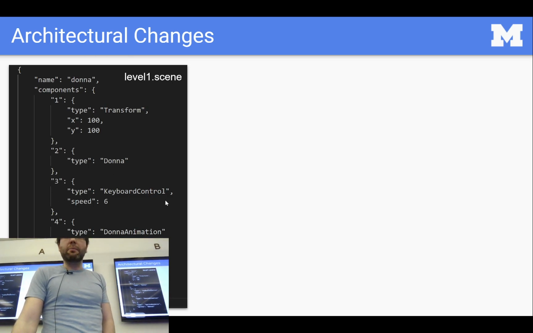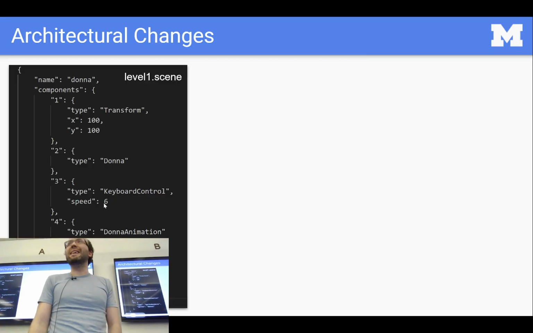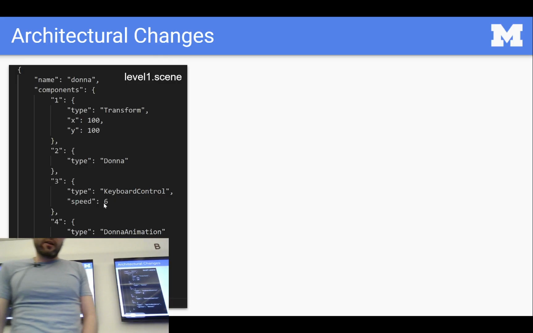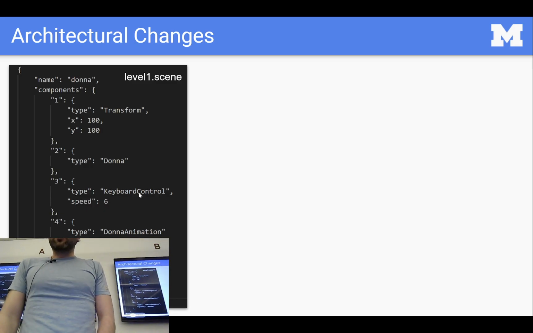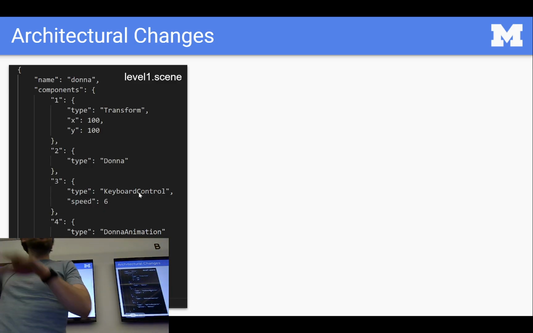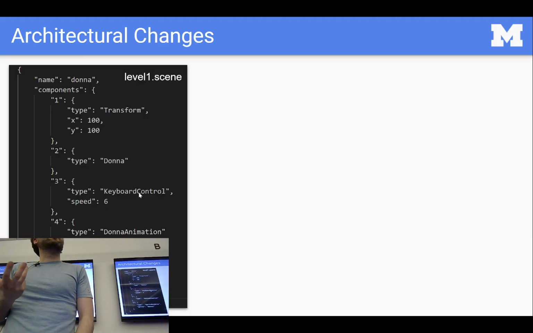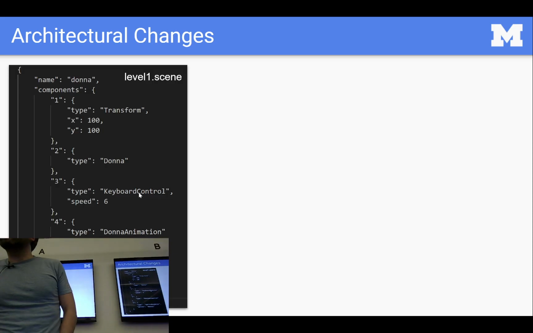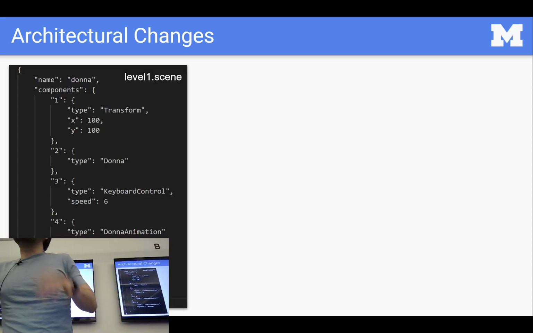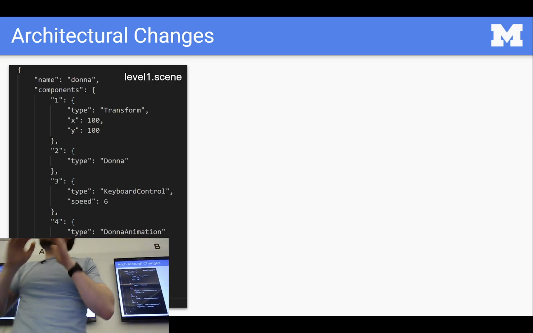We have this component, keyboard control, and it has a parameter called speed, which is set to 6. This is a very reusable component because maybe Donna, i.e. the donut pilot, the girl in blue, right? She can move around with the arrow key controls, but we might want something else in the game to also move around with arrow key controls.